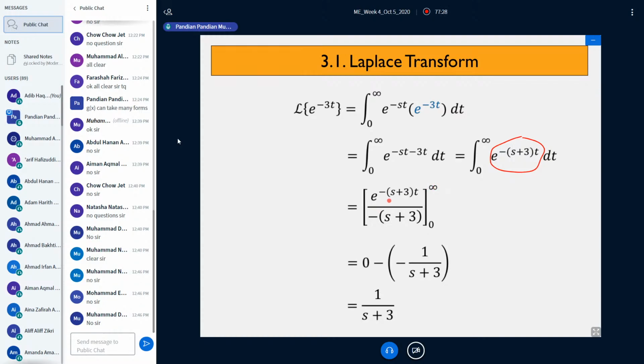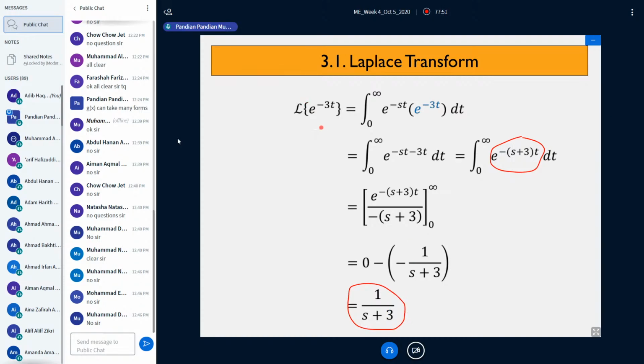If you substitute infinity, this becomes 0, minus e power 0, which is 1. So minus 1 over s plus 3, minus minus, you get 1 over s plus 3.